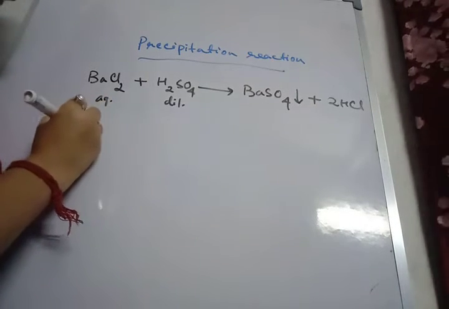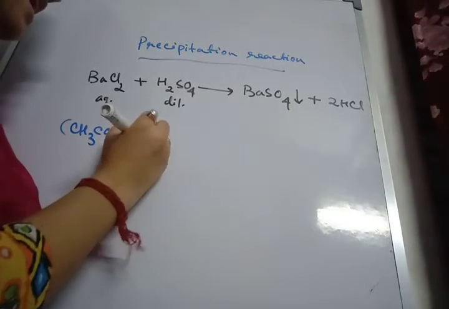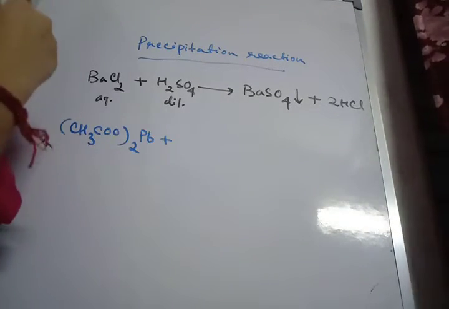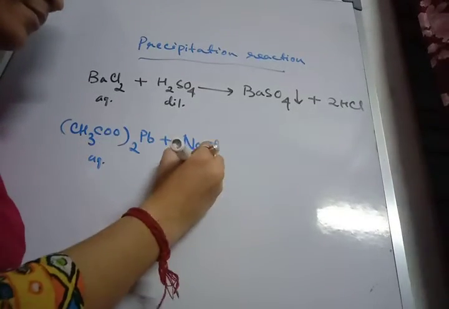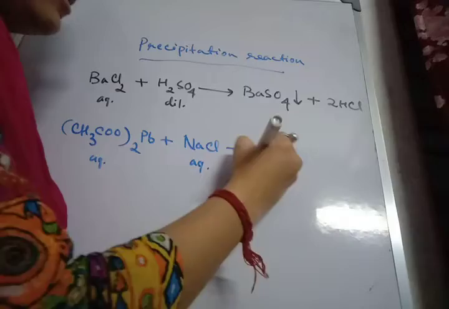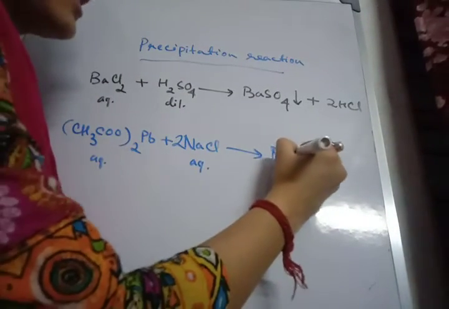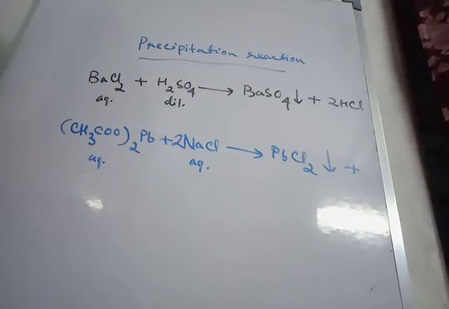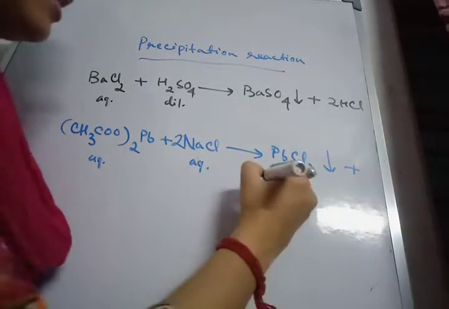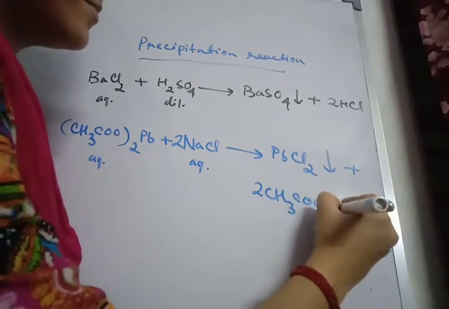Next, lead acetate solution and NaCl solution, both aqueous, both water soluble. On double decomposition, what do we get? We get lead chloride, a white precipitate which is soluble in hot water, and sodium acetate.